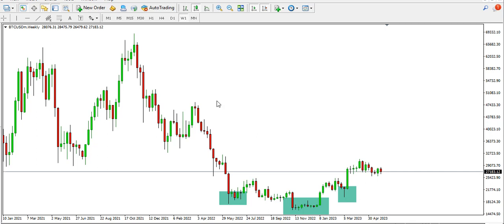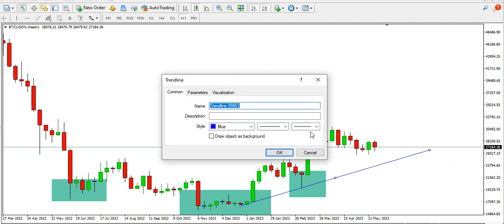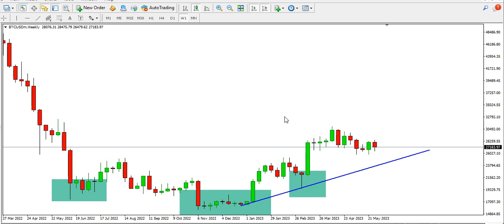So what we are looking at currently is the fact that the price of Bitcoin is gradually going bullish, and what we currently have is something like a bullish flag on the weekly time frame.